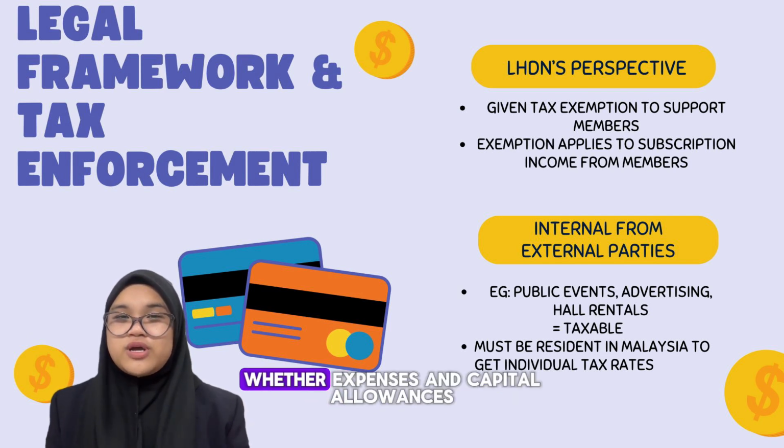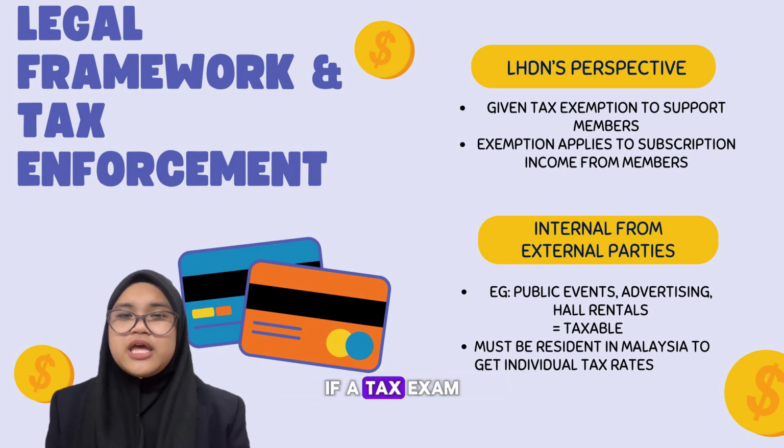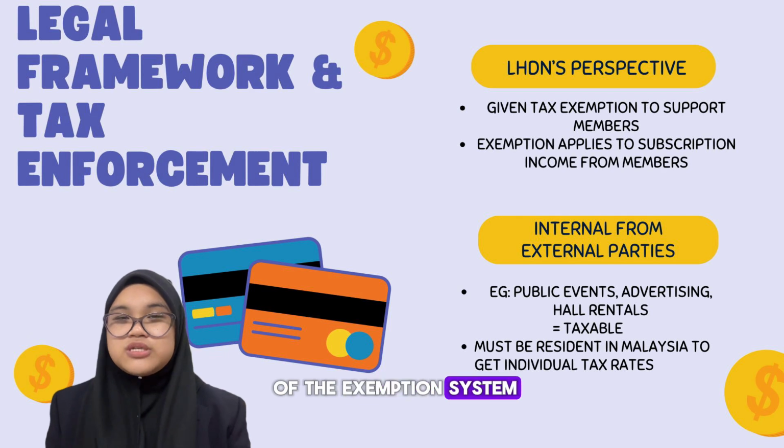We also look at whether expenses and capital allowance are apportioned fairly. If a tax-exempt body tries to deduct 100% of costs, while only part of their income is taxable, that will be a red flag. Our job is to ensure fairness and protect the integrity of the exemption system.